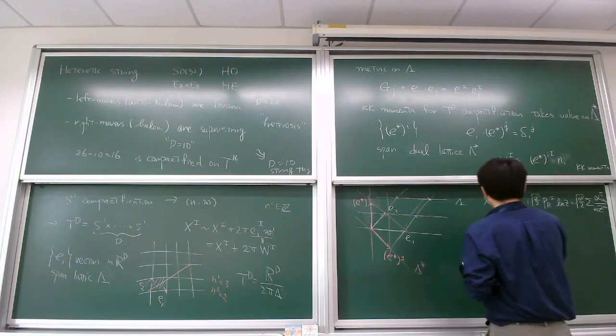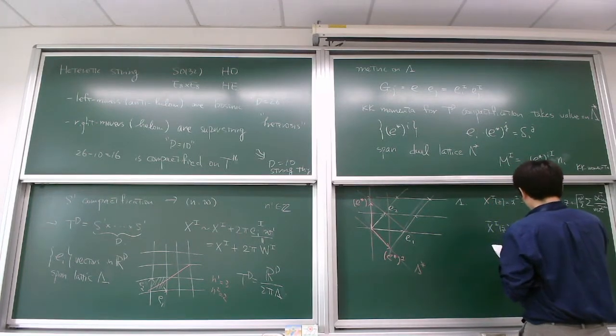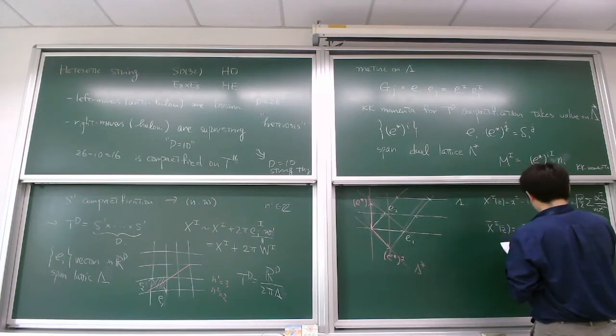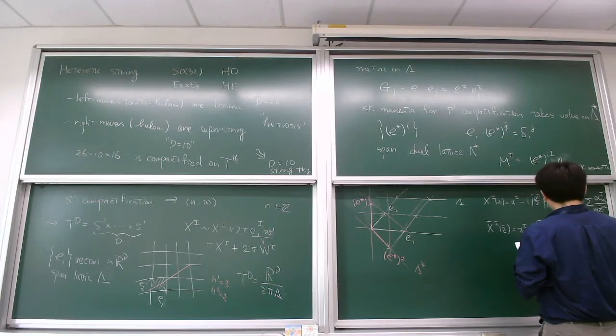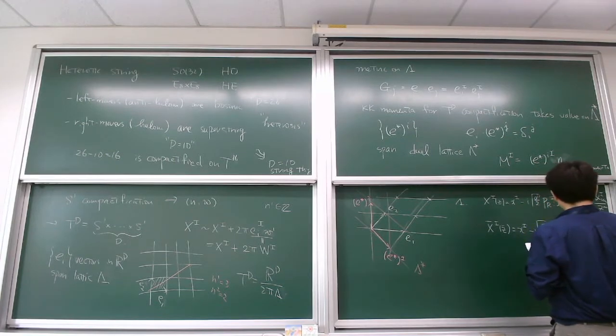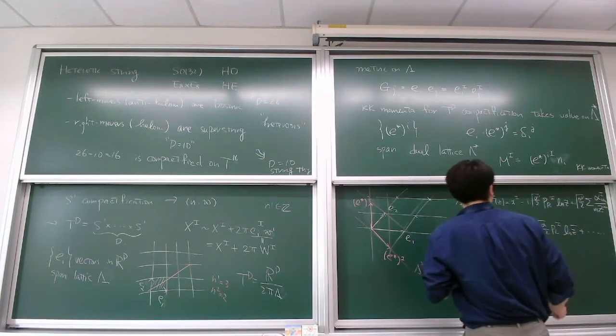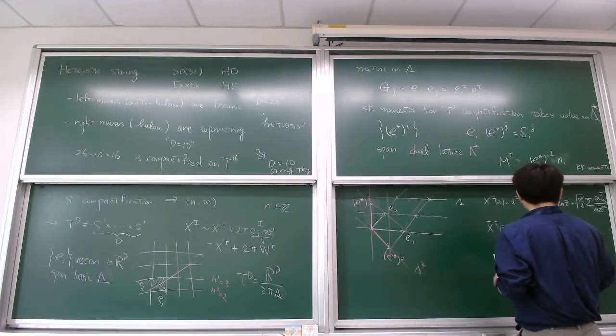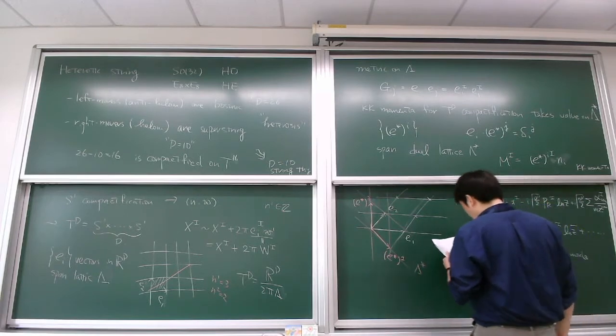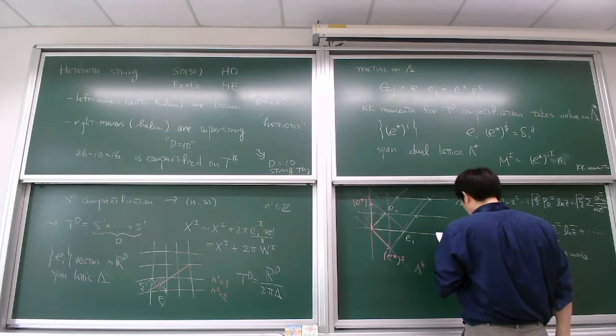And then you have the untilded moment sector. So I'm not going to write it down. Okay. And then if you look at the zero mode, the zero mode is momenta. Again, we will have a similar thing.